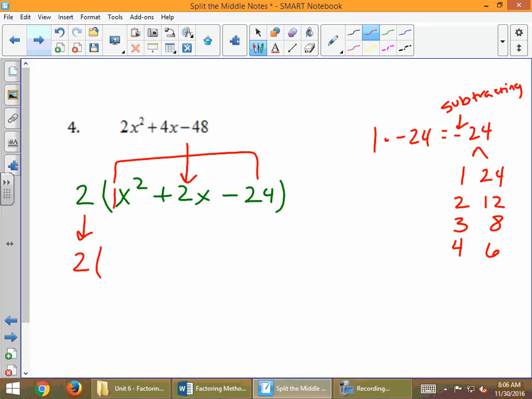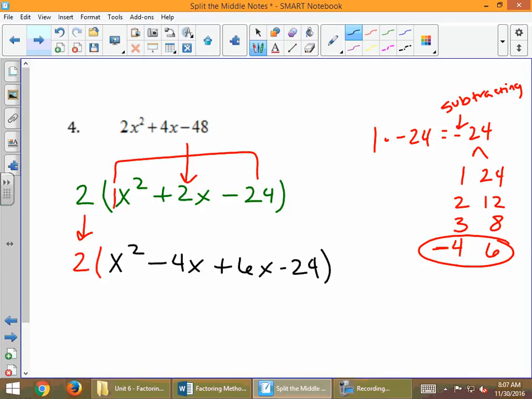How do they subtract to give us positive 2? 6 minus 4. You write your middle. X squared minus 4x plus 6x minus 24.